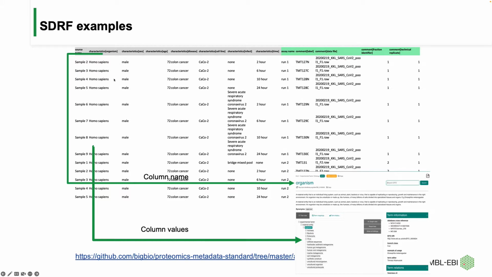What will happen with the SDRF is that if you submit an SDRF to PRIDE, it will go directly into another database, which is called BioSamples. But I want to explain here where I take the term. For example, this is organism here, and if you go to organism in OLS, this is the parent term, and inside the parent term you will find Homo sapiens.